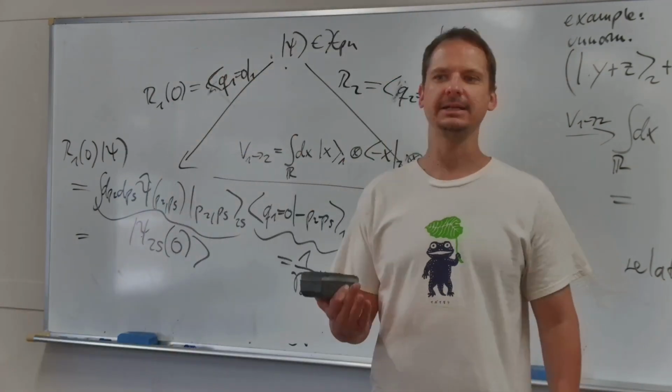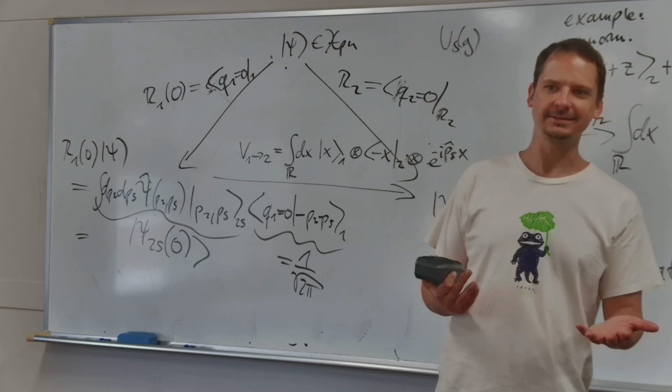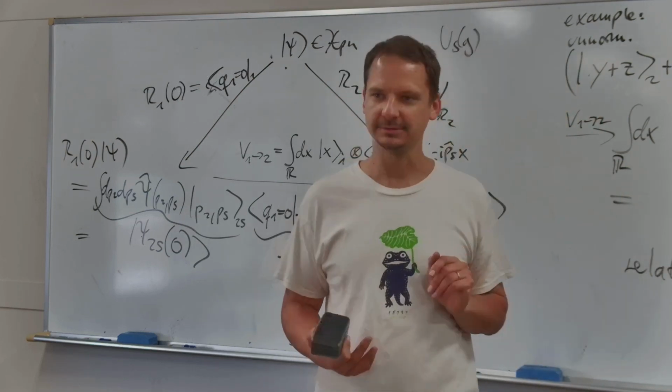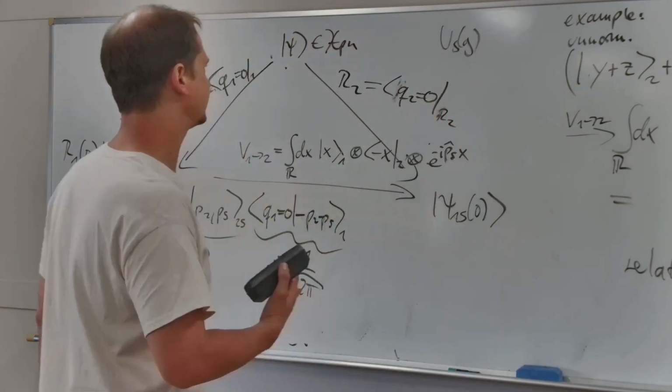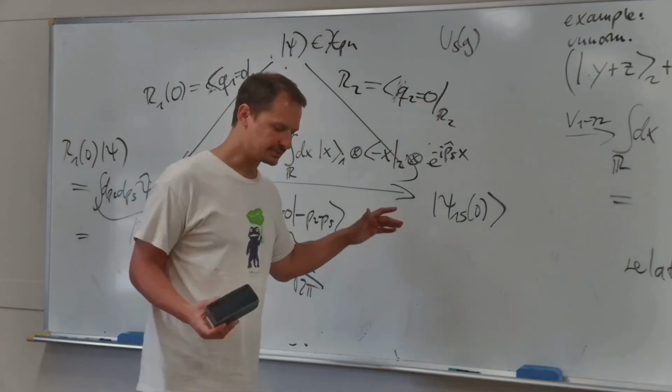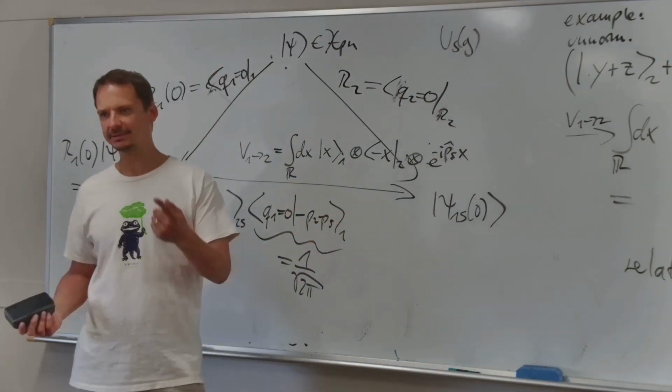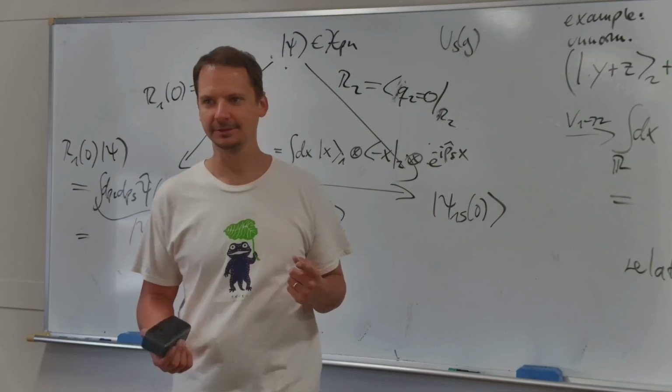It turns out that if you define it that way, it's equivalent. The other thing I should say is that the tensor product structure is not just given by a single unitary, it's an equivalence class of unitaries.